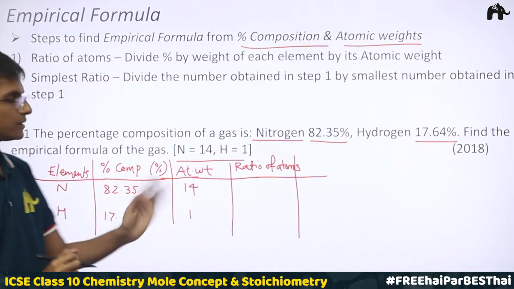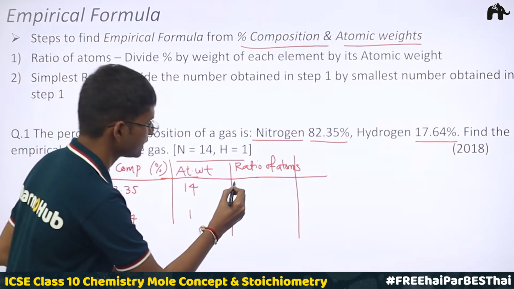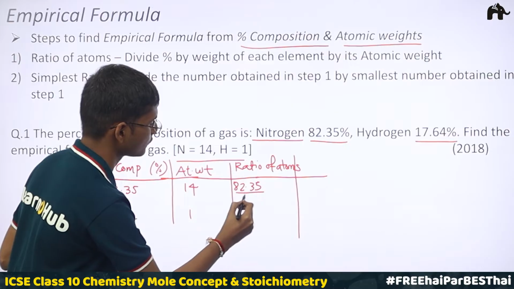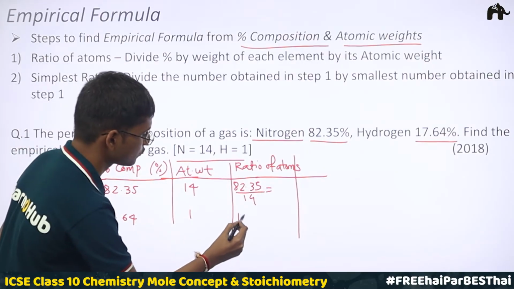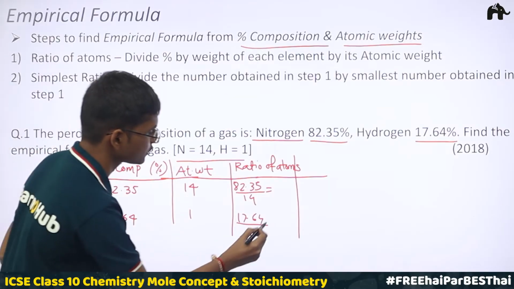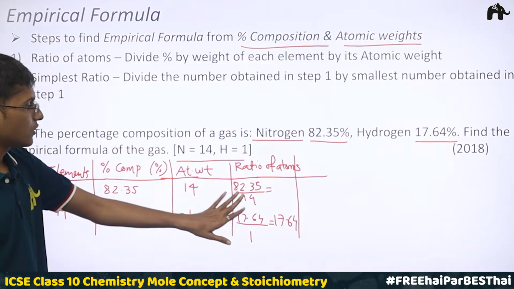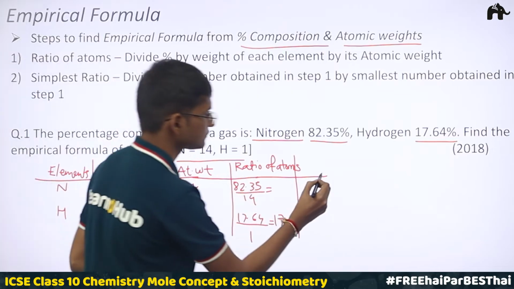Very simple, just divide the percentage composition by the atomic weight. So 82.35 by 14, and 17.64 divided by 1, so it is 17.64.